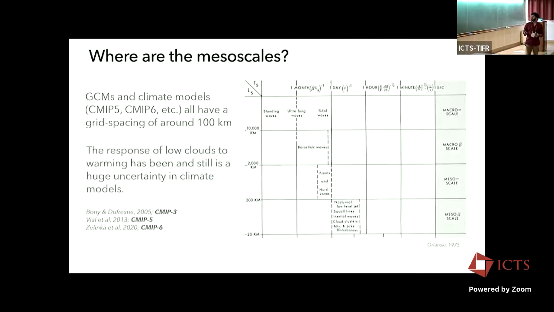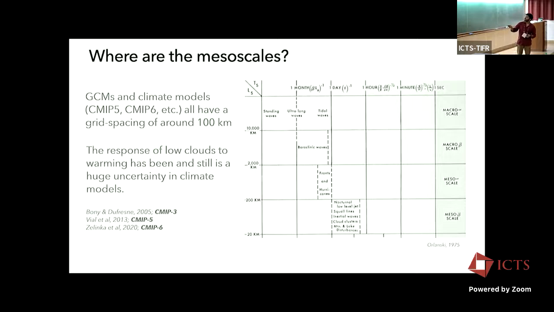But when I say subgrid scales, what do we mean? These are the mesoscales. And this is from a paper in 1975, which is now a good standard to go back to and always place yourself in what scales we are talking about. If you know the GCMs and climate models, they have a grid spacing of around 100 kilometers. So where these processes fall in the mixing processes would be in the mesoscales between 20 to 200 kilometers.